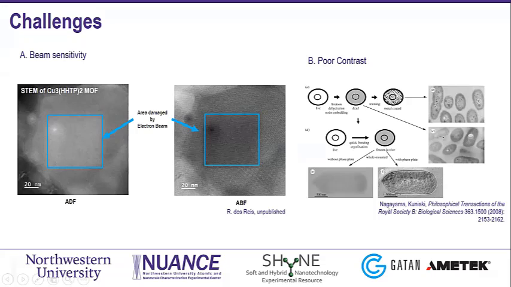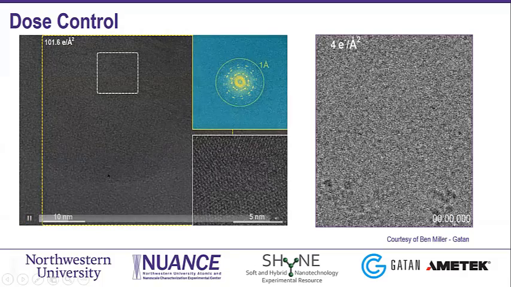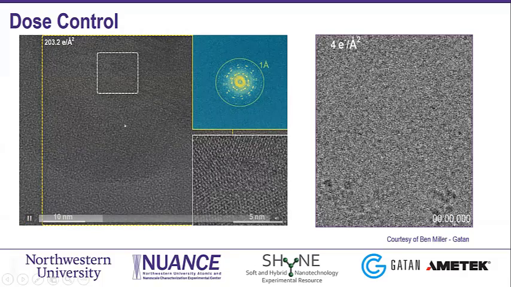So how are you going to come across those two challenging points here, right? So the first thing is to take advantage of the direct detector cameras to control your dose. This is a nice example, nice videos done by Benjamin Miller from Gatan using our K3 IS here at Northwestern.